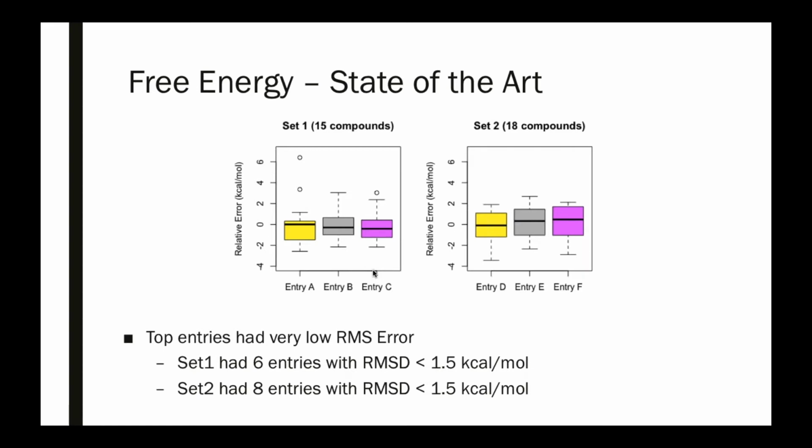So let's take a look at where we are in terms of the state of the art. Again, what we're looking at here are the top 3 submissions for the free energy. And remember, for free energy, there were 2 different sets of compounds.